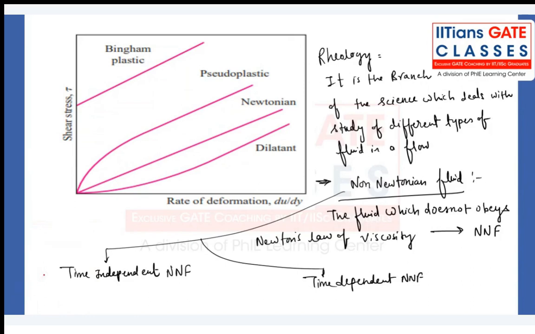But the big concern over here is, what is the relationship? That is going to be tau is equal to B plus A (du/dy)^n for time independent fluids. Now, what is the meaning of A? A is nothing but the consistency index.